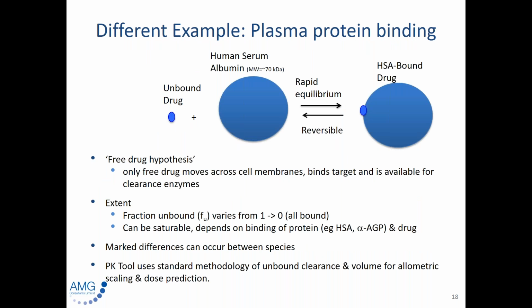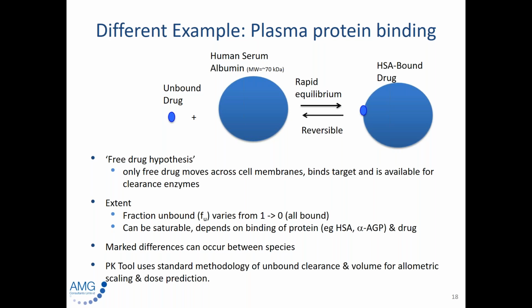This is a slide from a presentation on the PK tool. Just a bit of background, if you're not familiar with it: drugs frequently bind to human serum albumin, and that gives you bound drug. Under the free drug hypothesis, it's only the compound that is unbound that can move across membranes, bind target, and be cleared.